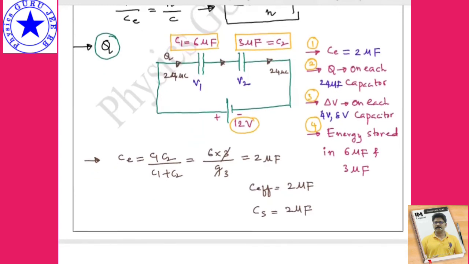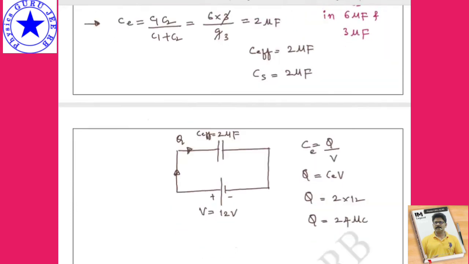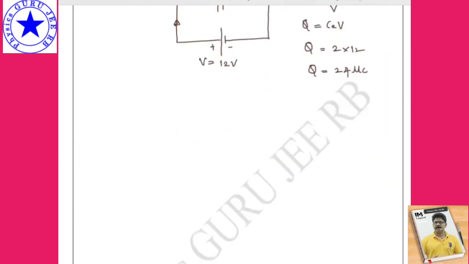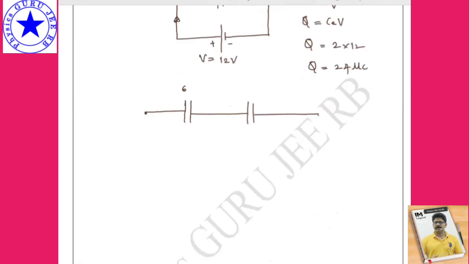Now you want to calculate delta V. How to calculate delta V on each capacitor? Let us see. Let me take it like this. First one is C1, 6 microfarads. Here it is the second capacitor, how much? 3 microfarads. Hope it is clear.